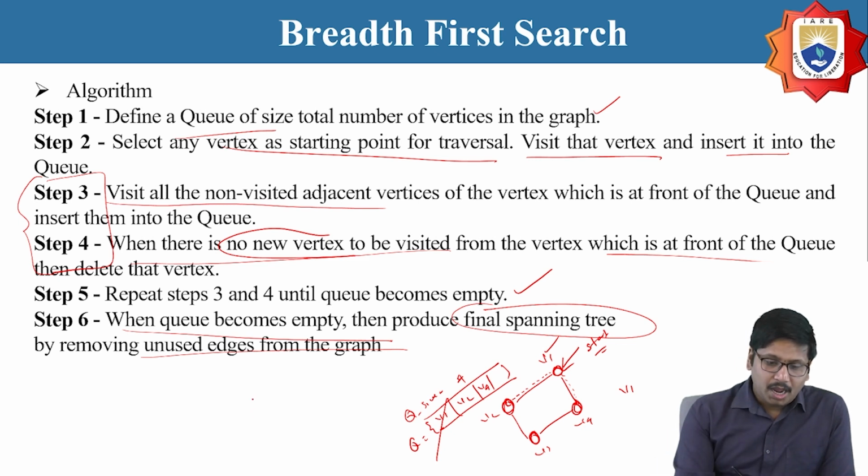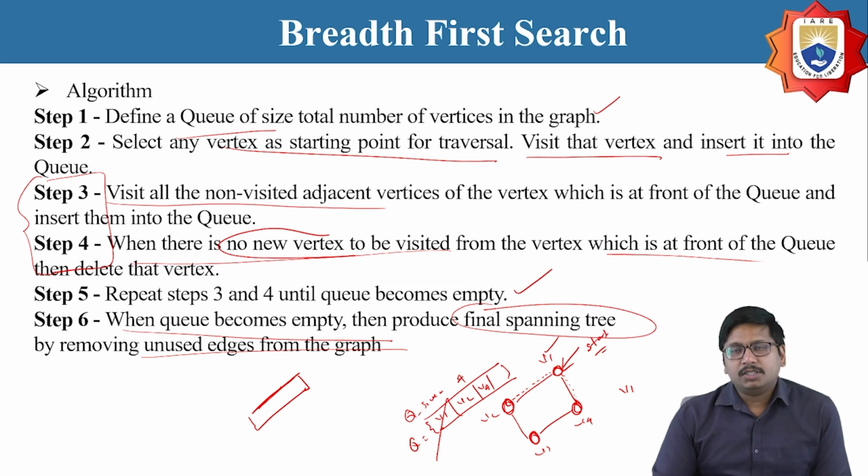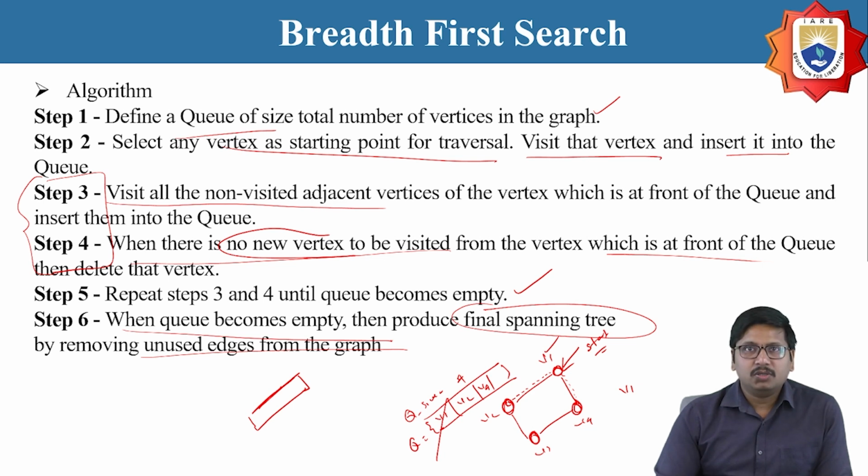Okay. So we have to define a queue. And we have to choose any one starting vertex. So we have to find the adjacent non-visited vertices. So those are going to be inserted into the queue.